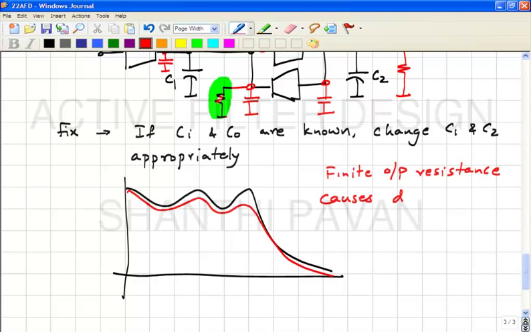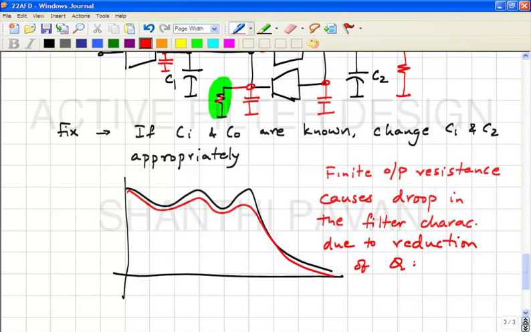It causes droop in the filter characteristics, due to reduction of Q. Does it make sense?